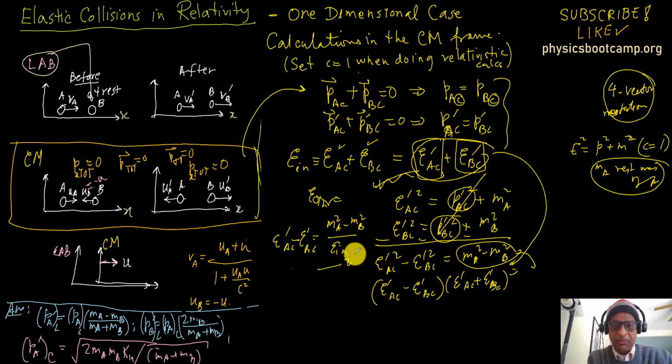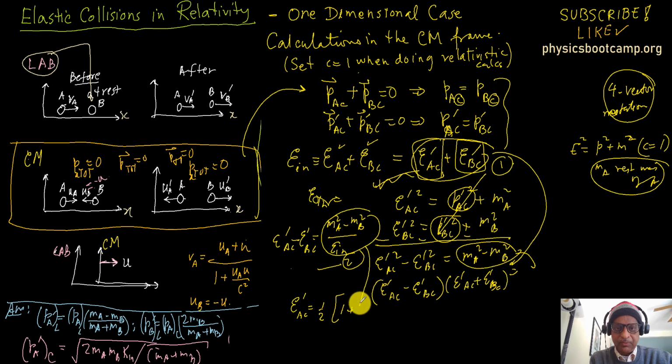Let's call this equation 2 and let's call the energy conservation equation 1. From 1 and 2, immediately you get E prime AC, just add them and divide by 2, equals this stuff. And E prime BC is equal to half of E in minus this stuff. And there you go.